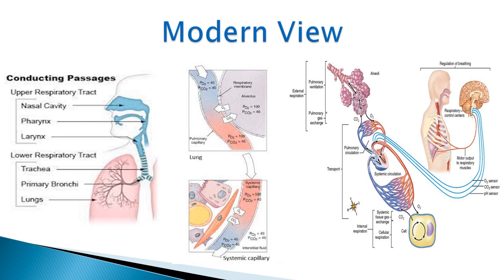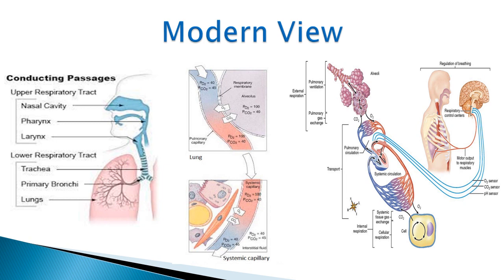Whenever any variation, irritation or stimulation takes place, there are some receptors present in our body, the baroreceptors and chemoreceptors. These receptors are stimulated or irritated and generate some impulse. That impulse is carried by the afferent fibers, which for the respiratory system are majorly the glossopharyngeal nerve and vagus nerve.